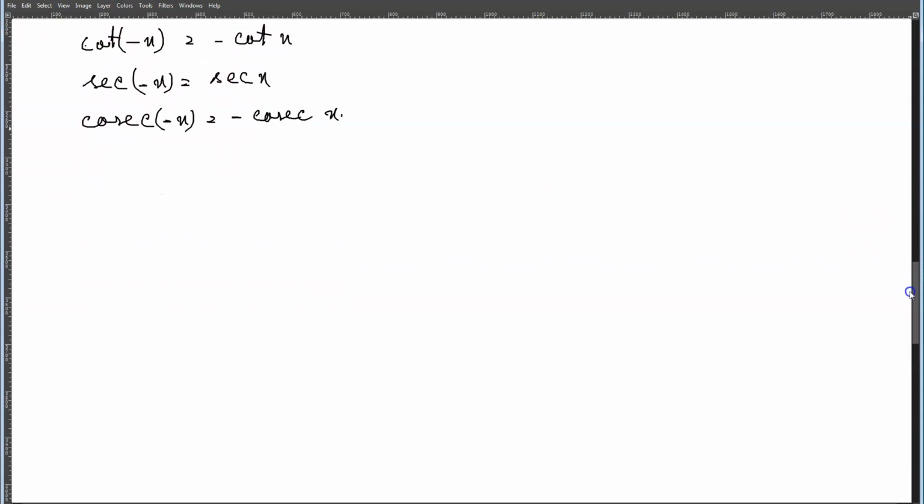Next, what we discussed was basically cos of x plus y. Cos of x plus y is equal to cos x cos y minus sin x sin y, if I'm not mistaken, right?